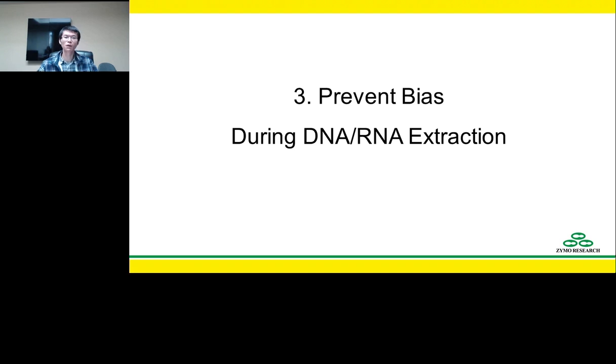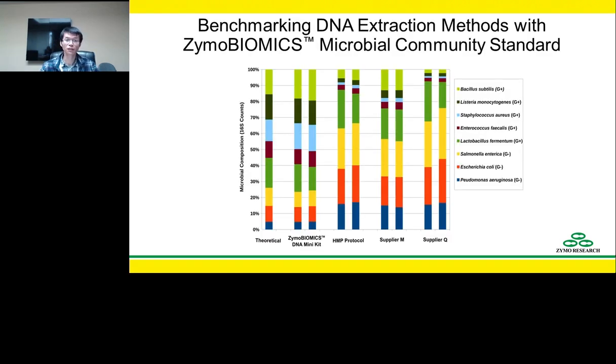Next, I will talk about how to potentially address bias during the DNA extraction process. The step of DNA extraction has long been known to cause bias during microbiome profiling. In this case, we're comparing 4 different DNA extraction protocols using the ZymoBIOMICS Microbial Community Standard as a defined input.